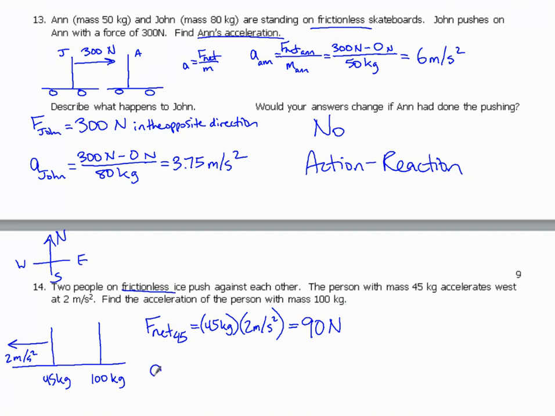Then we can figure out the acceleration of my 100 kilogram person. So the net force is going to be the same for each of them. So the net force of the 100 kilogram person on the 45 is 90. The net force of the 45 kilogram on the 100 kilogram person is 90. They are equal. The accelerations will be in opposite directions. And mass is 100 kilograms, and so we see this is 0.9 meters per second squared.